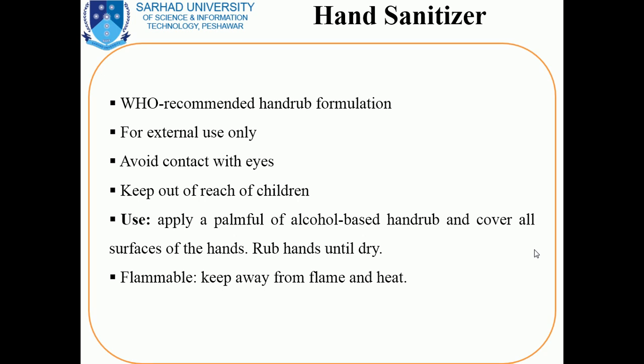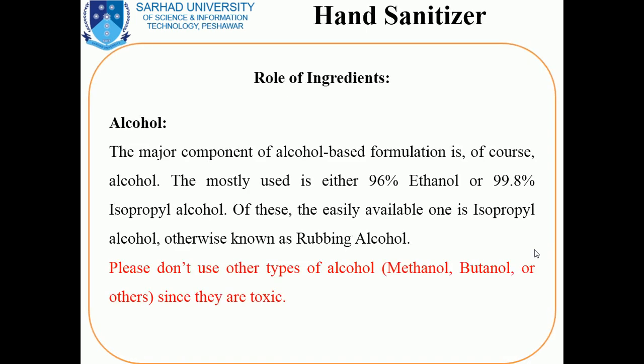How to use is also mandatory on the label. And the flammable warning should also be on the label: keep away from flame and heat. If you are using this hand sanitizer, you should keep it away from flame and heat to avoid ignition or fire.